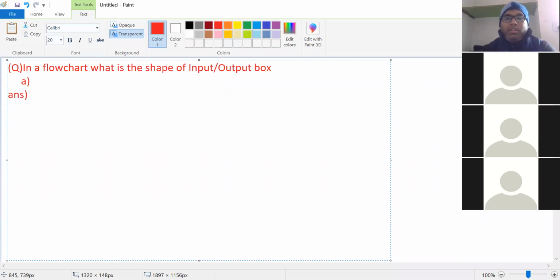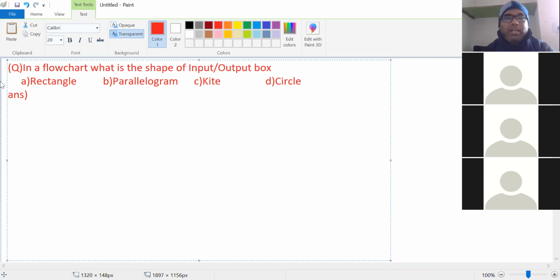See here. Option A is rectangle. Option B is parallelogram. Option C, kite. And option D, what? Option D is circle.